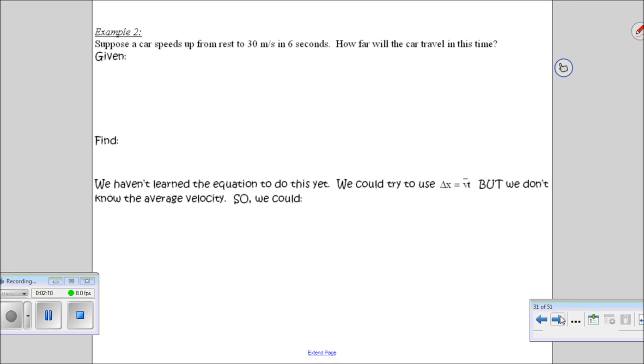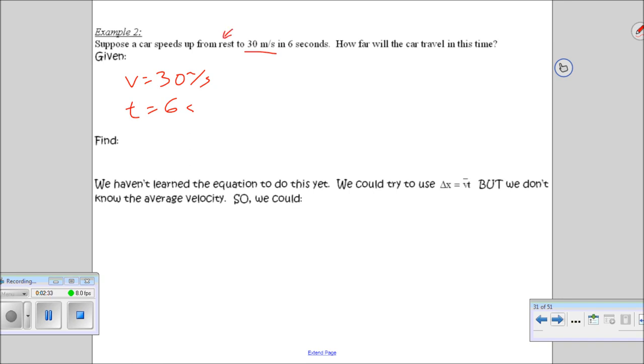Upon first glance, this looks like the same problem, right? Because if you read it quickly and just look at the numbers, you're going to go, well, let's see. The velocity is 30 meters a second, and my time is 6 seconds. So velocity times time gives you 180 meters. But that would be inaccurate because in this example, the car is not always going 30 meters a second.